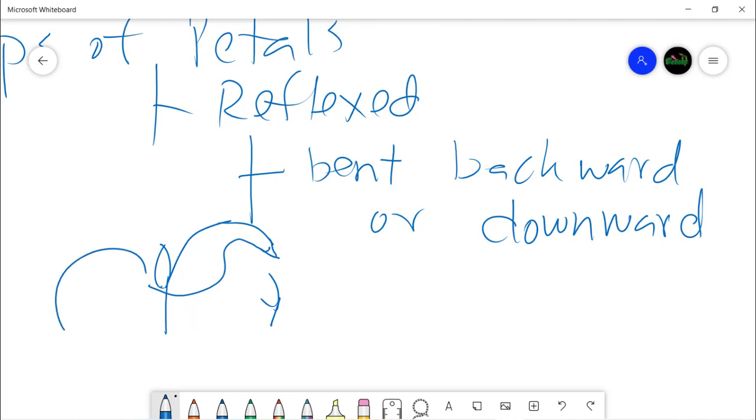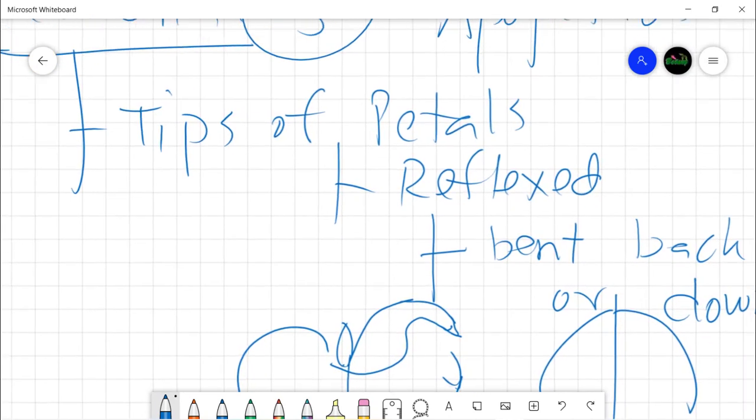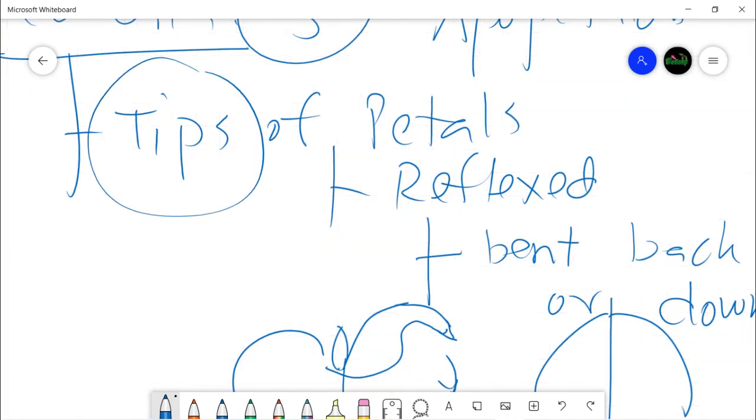For example, this is the backward or downward reflexed arrangement of petals. Not the whole petal, only their tips are bent backward. For example, this is a petal, so its tip might be bent like this, backward. So it is reflexed backward or downward.